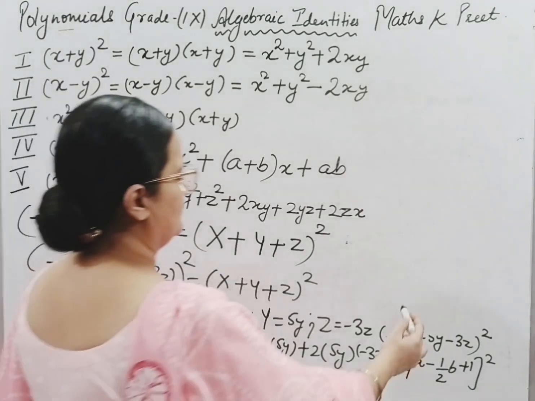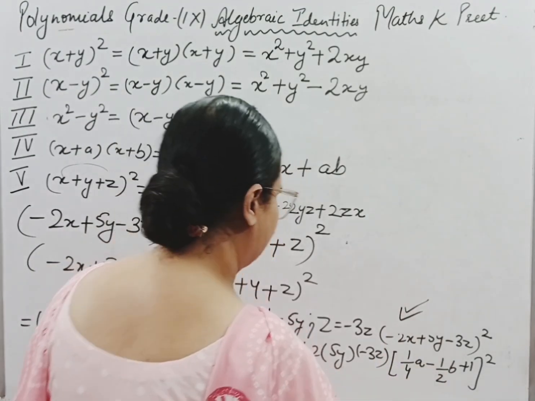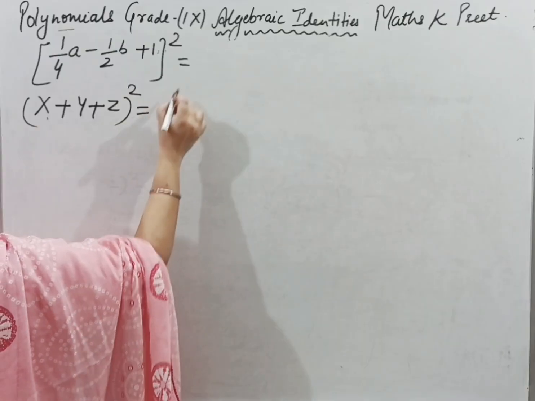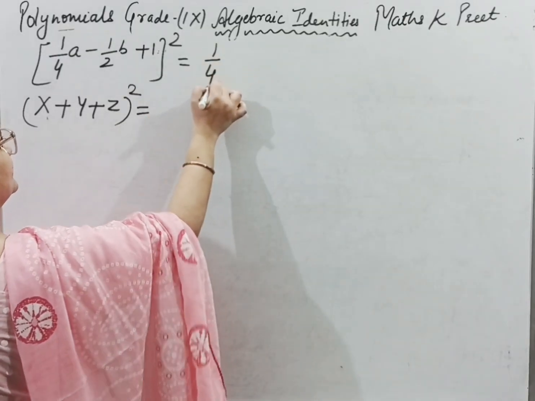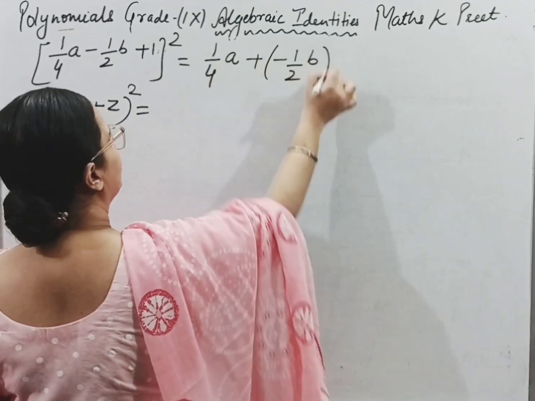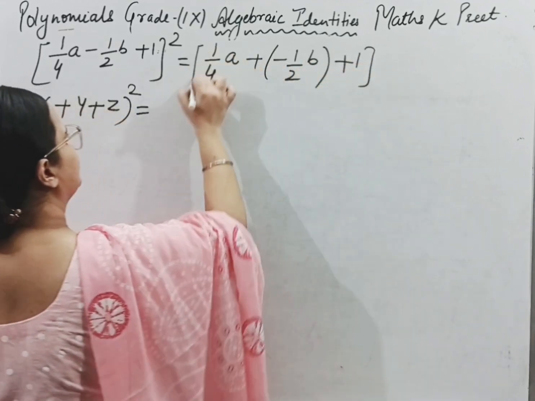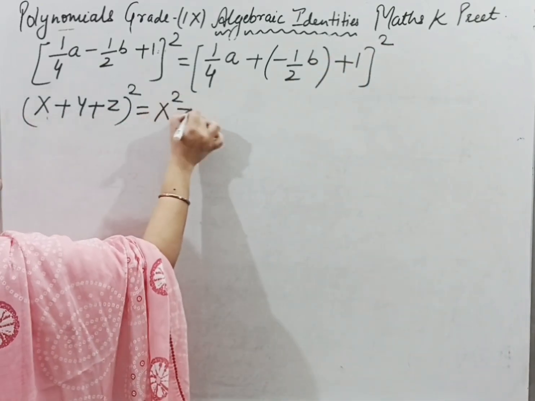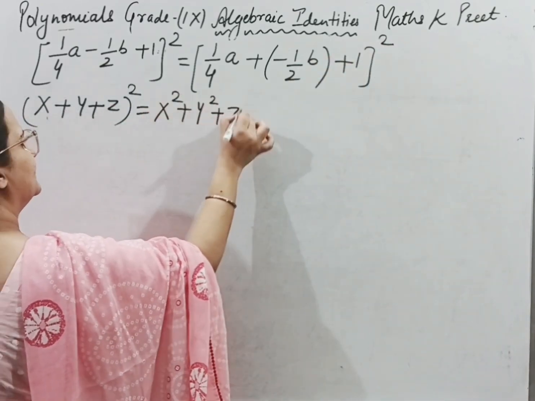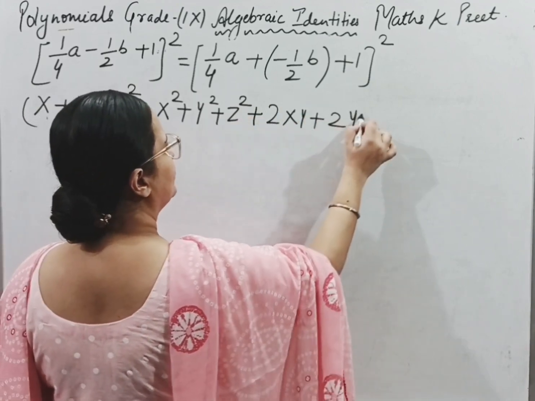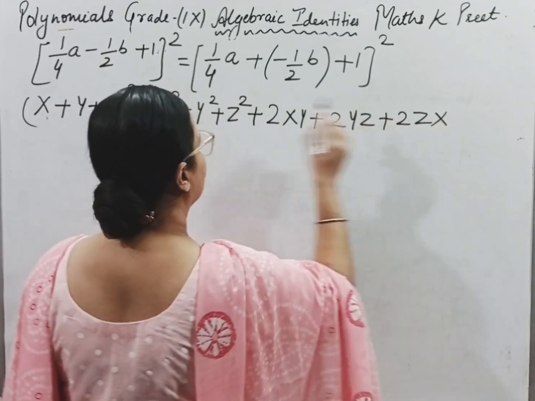Let's see the next question. Further, I can write this question as (1/4 a + (-1/2 b) + 1) whole square to make it identical to identity number 5. Now expand this. This can be written as X square plus Y square plus Z square plus 2 times XY plus 2 times YZ plus 2 times ZX.